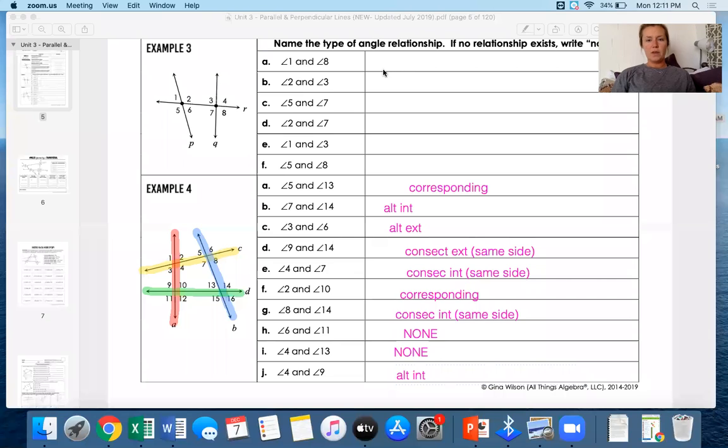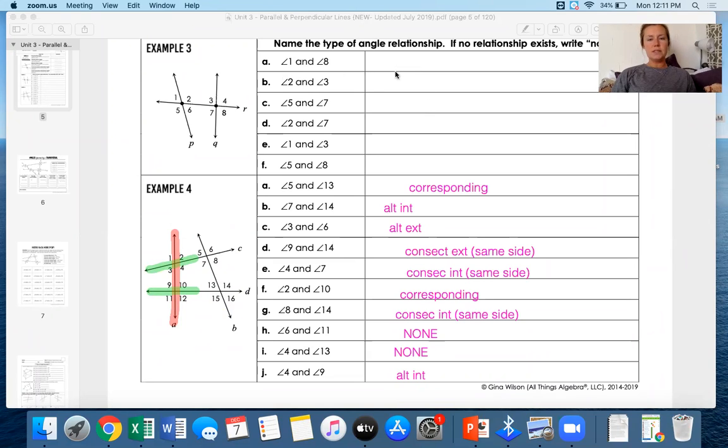Let me help you. So I'm going to erase all of this right here because, oh, that is not what I wanted to do. Okay, hang on. What we're focusing on right now in this picture is just this. The parts that I don't have colored, don't focus on that, because right now all we're looking at is the red transversal.